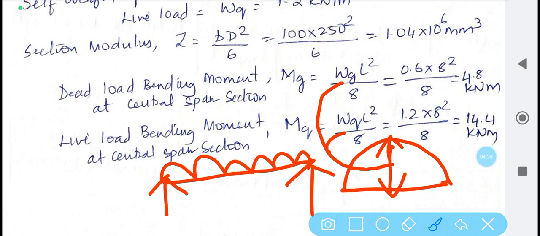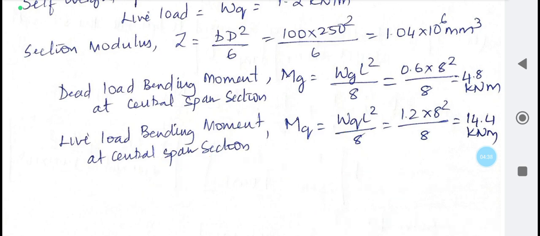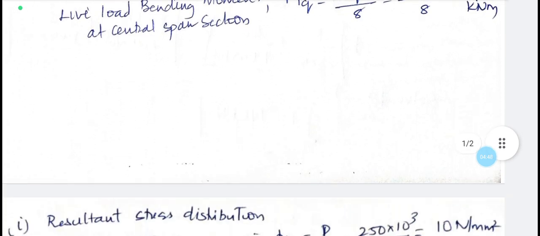It is considered here for the central span section, and it is computed as 0.6 into 8 square by 8 and it is obtained as 4.8 kNm. Similarly, the live load moment is computed as 14.4 kilonewton meter.